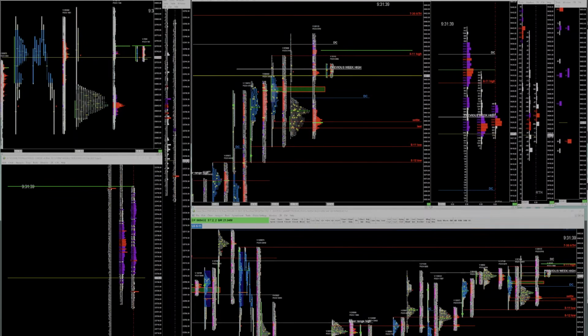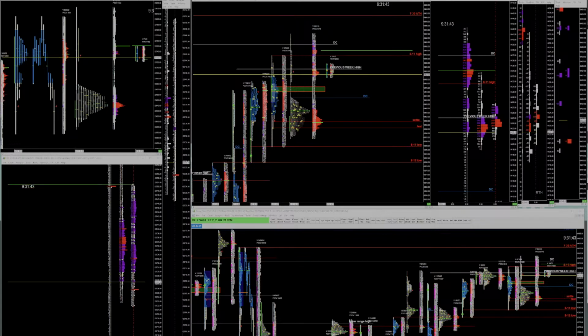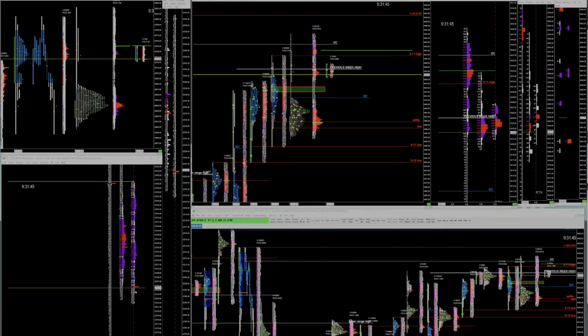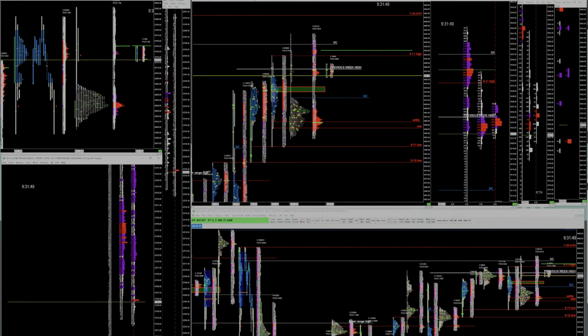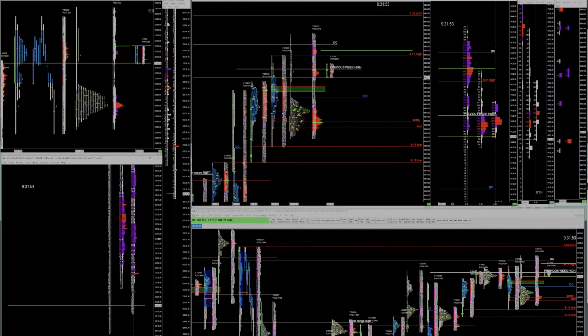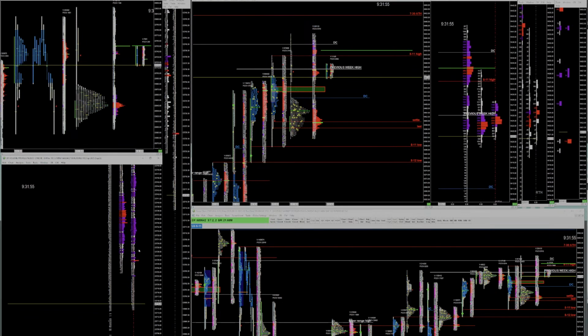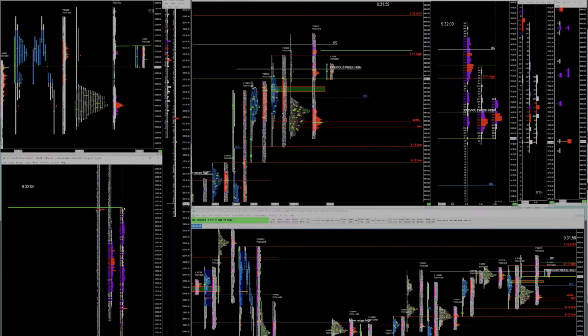Alright, the market is open. Look at this. This is Nasdaq here. Oh, this is just 200. I thought it was 1000. But I am watching carefully. Look at where this high is.